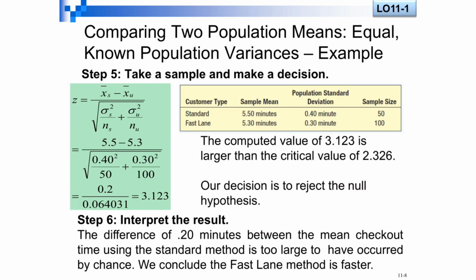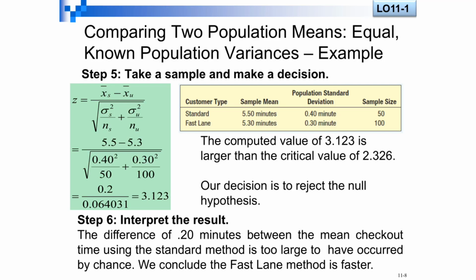The next step is to get the sample, and after that make the decision. We get the sample and calculate the mean for the sample. They already give us the mean and standard deviation for the population. We put everything in the formula and reach the value of 3.123.